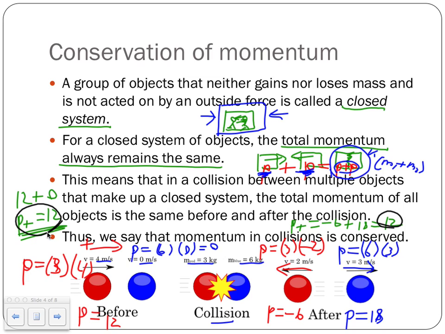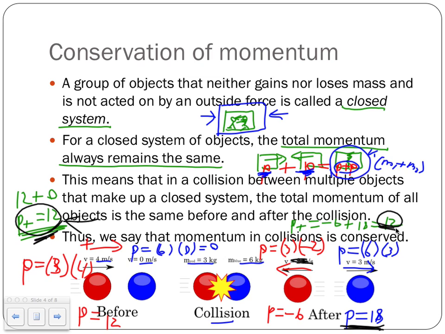Now note that if we did not know how fast the red ball was going after the collision, we could have solved for it. By figuring out the original momentum, and the momentum of one of the two objects afterwards, we could then subtract that momentum from the total, because the total is the same before and after.